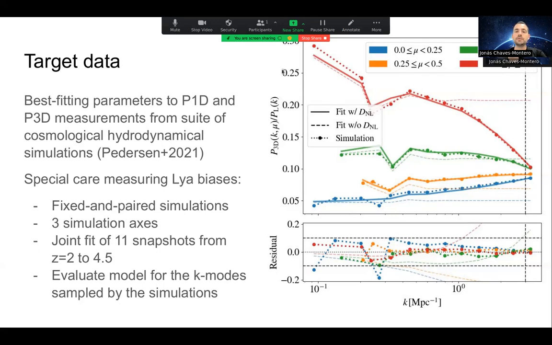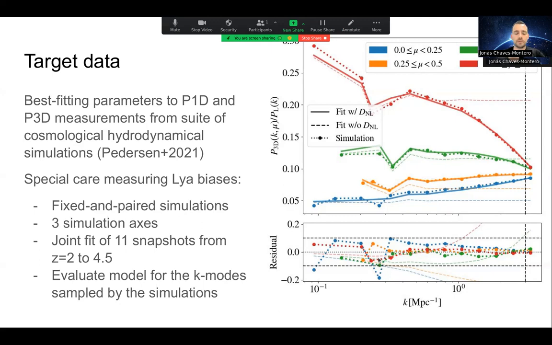And the dashed lines show the prediction from the best-fitting model when we don't take into account these small-scale corrections. So as you can see, small-scale corrections modify the three-dimensional power spectrum by around 10% on scales of 0.3.